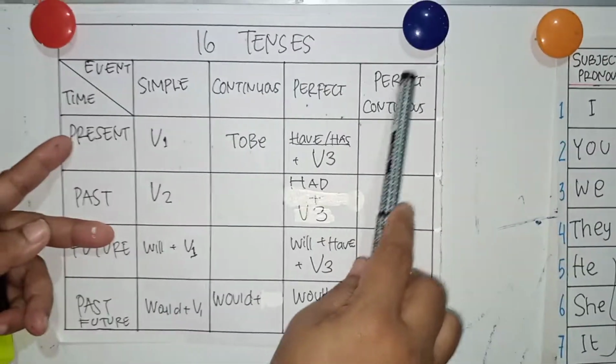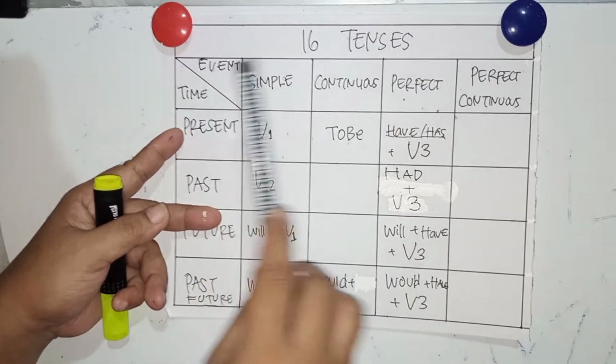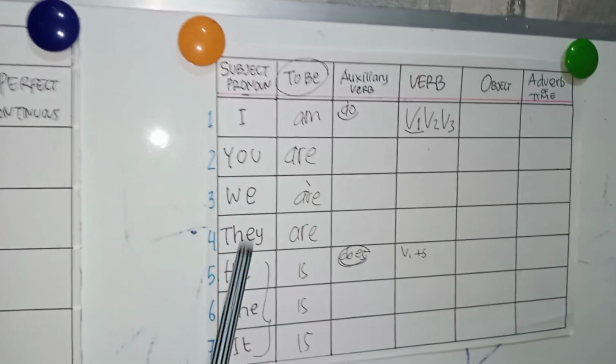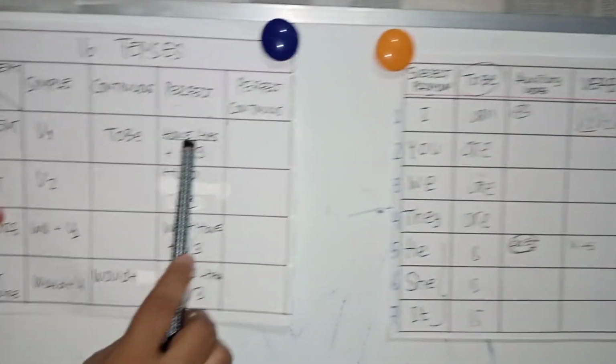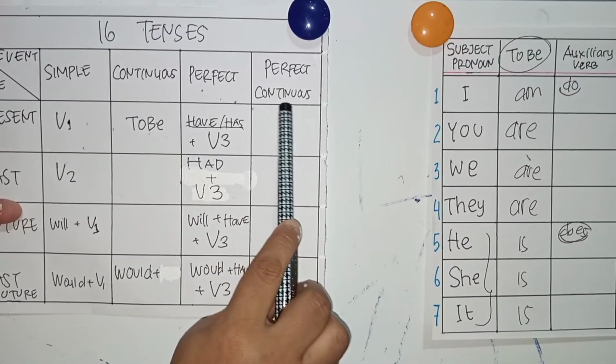Present perfect continuous. It means using the subject. You can choose any kind of subject. And then followed by have, has. The one that will make the continuous is the to be.